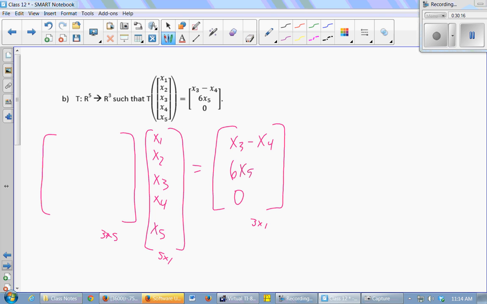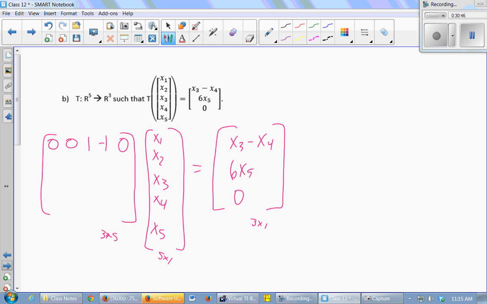Okay, so my first row is going to have 5 entries in it, so that when I pick it up and turn it 90 degrees and line it up with the vector, every entry has a match. So how many x1s do I need? None. To get x3 minus x4, I need no x1s and no x2s. I need a 1 x3, negative 1 x4s, and no x5s.